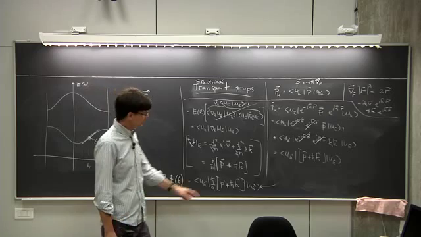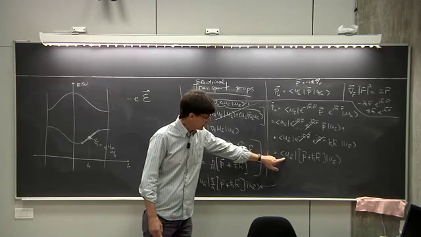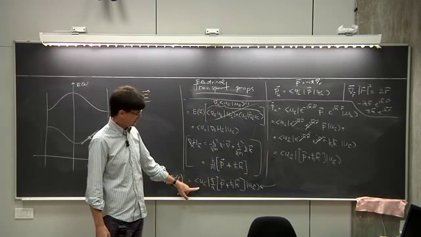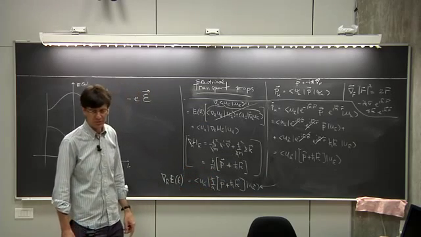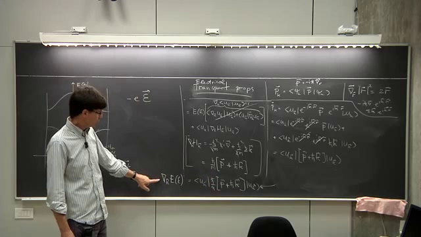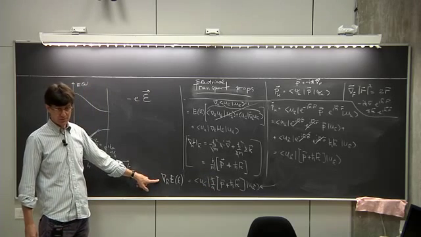At this point, let me remark that this object is identical, with the exception of h bar over m, of course a constant, to the gradient of the energy.